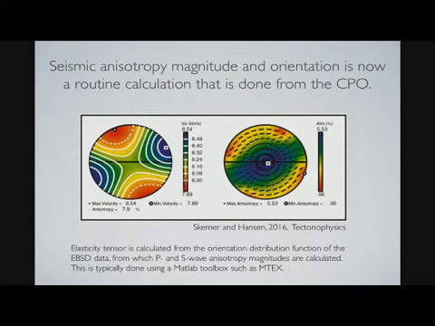That is almost always done these days in MATLAB, using a toolbox called MTEX. That's a great resource that has been made available to the community. So you will see in a lot of papers on olivine LPOs that they go this step further and calculate the seismic wave properties as well.